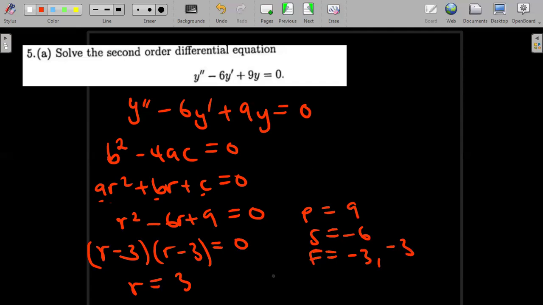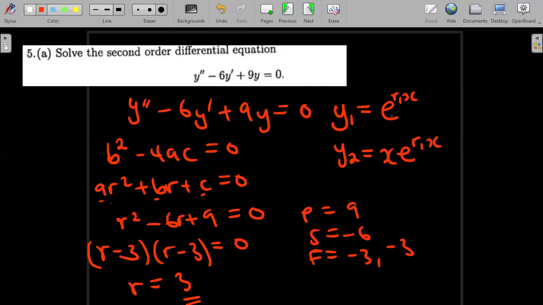So now, when we have a second order differential equation where the roots are equal, they are the same, the purpose of us doing this is that we want to get our y1 and our y2. So our y1 will be given by e to the power r1 x like this. Then y2 is going to be equal to x e to the power r1 x like this.